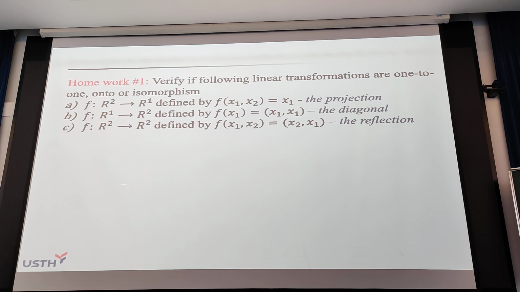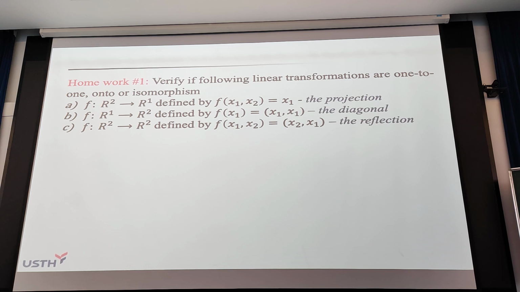And the last one, F from R2 into R2, defined by that one. F of x1, x2 equal x2, x1. That is, we exchange the horizontal axis and vertical axis, đổi chỗ trục hoành trục tung. That is symmetry by the diagonal.